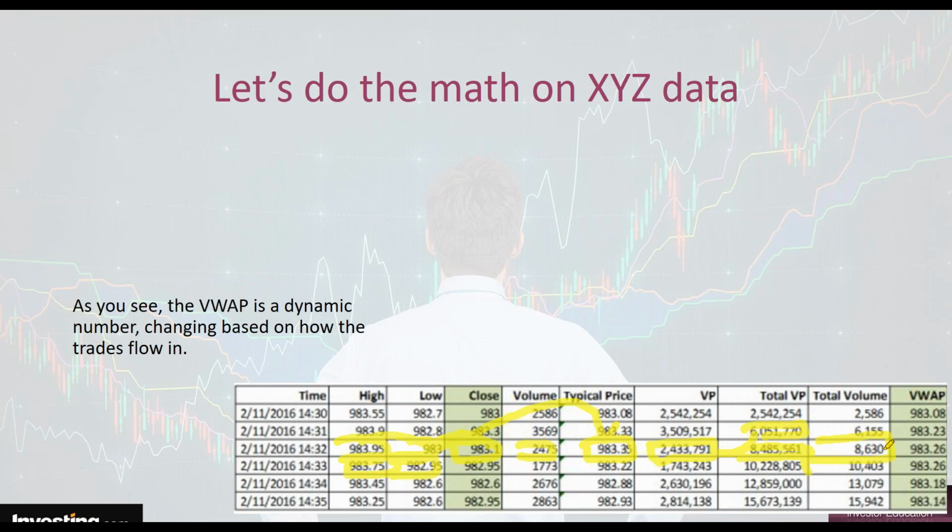Now we take the total volume and divide that into the cumulative of this and this, and we get 983.26 for our VWAP. So our VWAP is 3 points higher in this current time frame. Follow me?